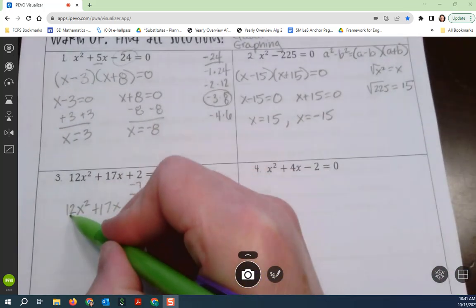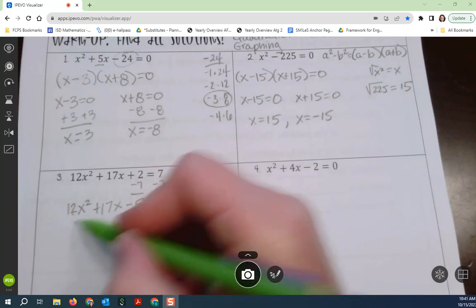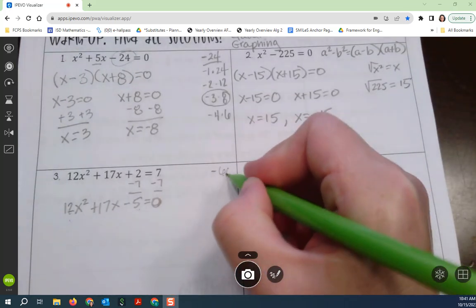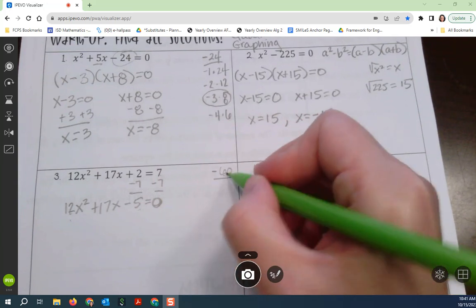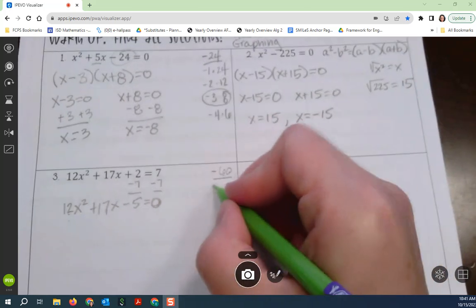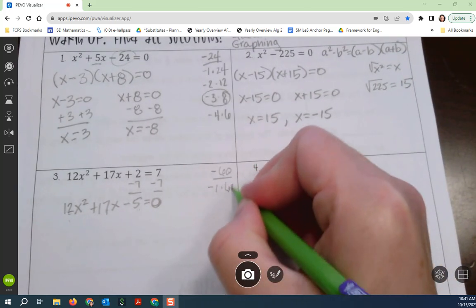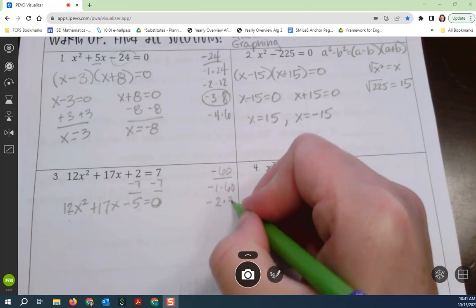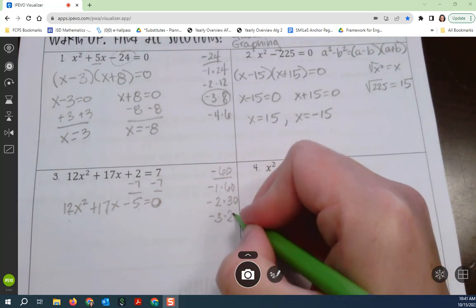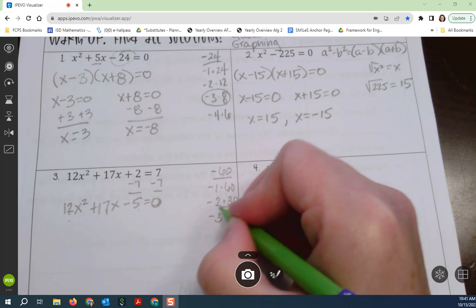You're going to multiply a times c, 12 times negative 5, to get negative 60. And we're going to look for numbers that multiply to negative 60 and add to 17. So I'm going to start my list until I get there. Okay, and I think I found it right there.